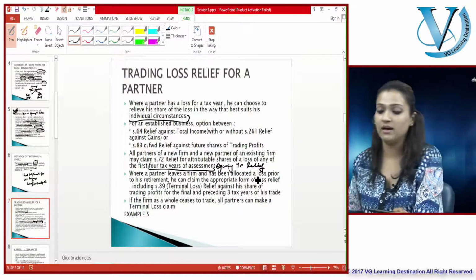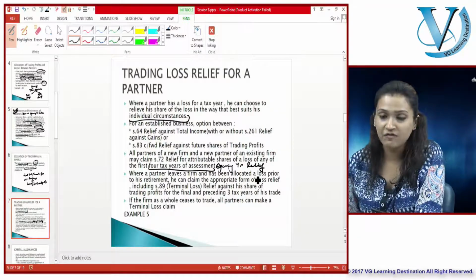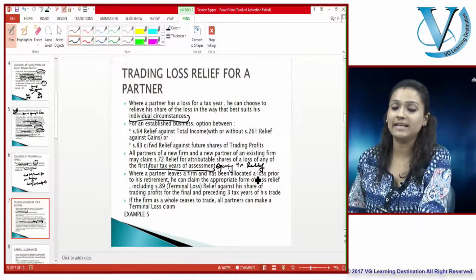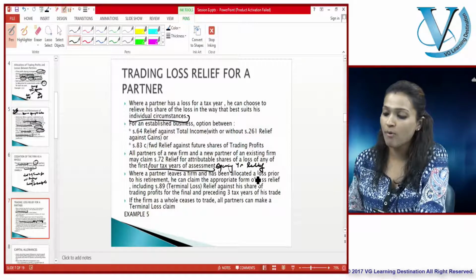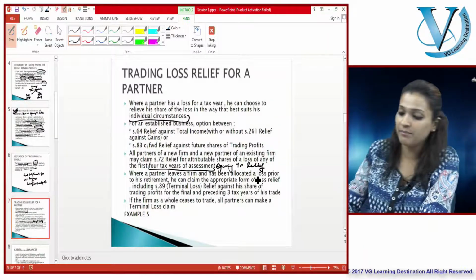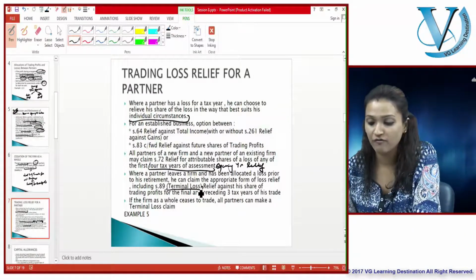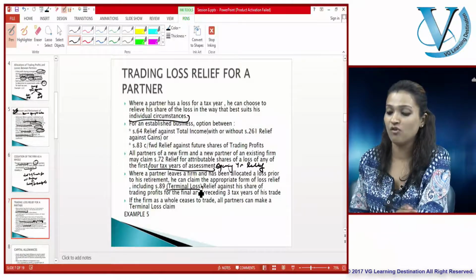Also, you can take a terminal loss relief. When a partner leaves a firm and has been allocated a loss prior to his retirement, he can claim the appropriate loss or form of loss relief, including Section 89, which is a terminal loss relief against his share of trading profits for the final year and the preceding 3 tax years of his trade.